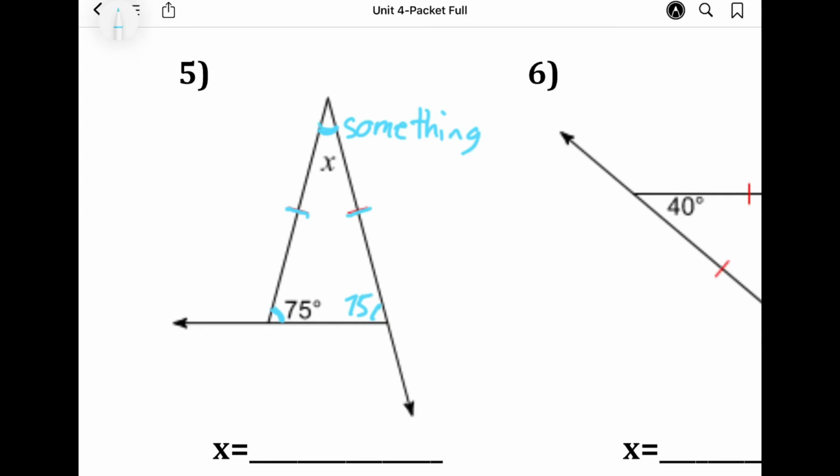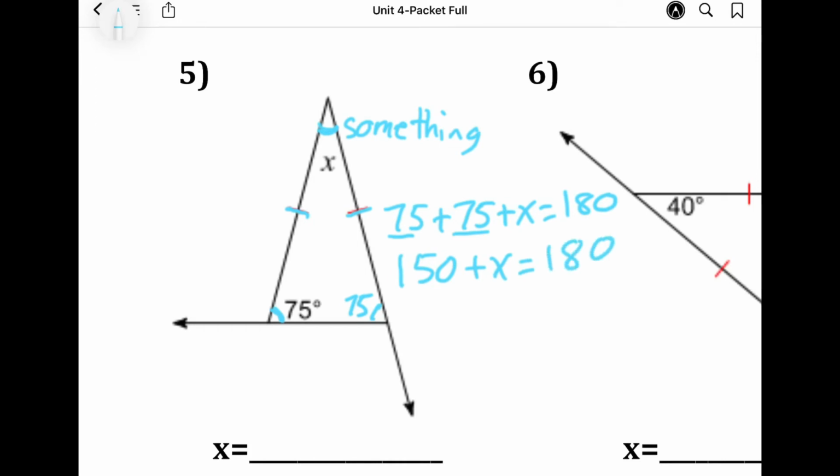So we know 2 of the 3 angles, so we can add up all 3 angles and set it equal to 180, and then solve for x. So we have 75 plus 75 to give us 150. Then we move that 150 away from the x so the x is by itself. So x equals 30. So this lonely little angle up there is 30 degrees, and that gives you your answer for number 5.